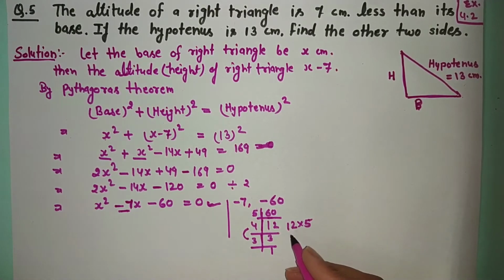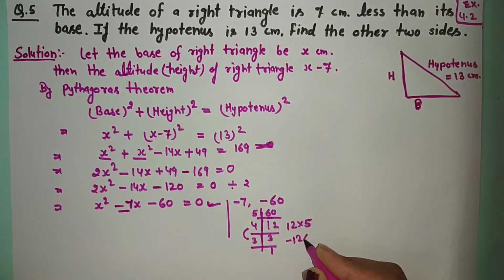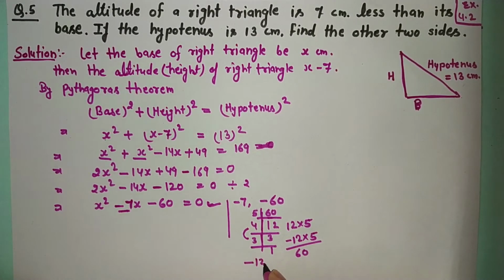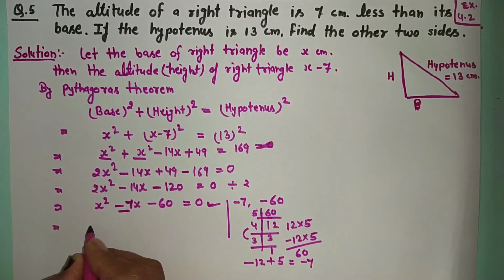We can say that minus 12 multiply plus 5 gives minus 60, and minus 12 plus 5 gives minus 7. Therefore the factors of minus 7 will be minus 12 and plus 5.